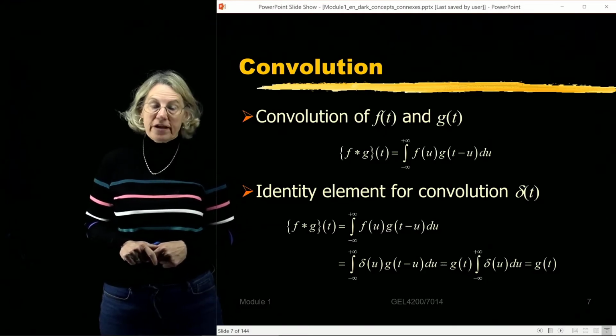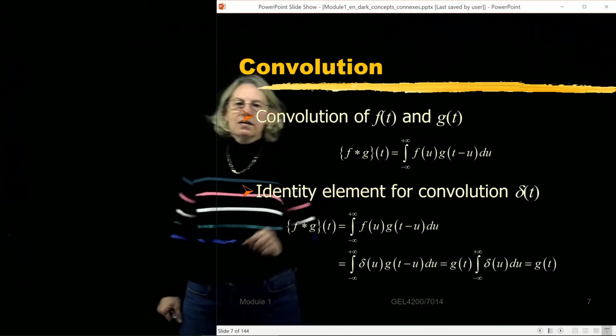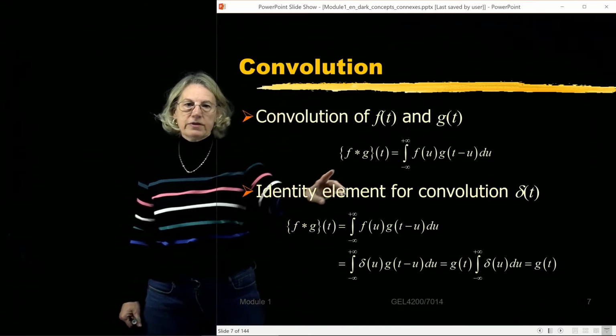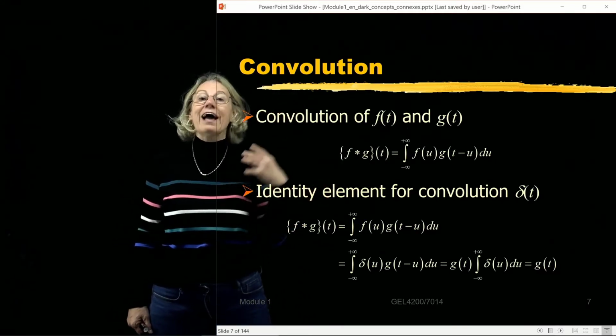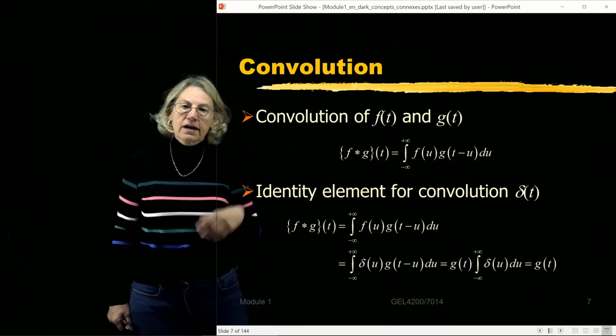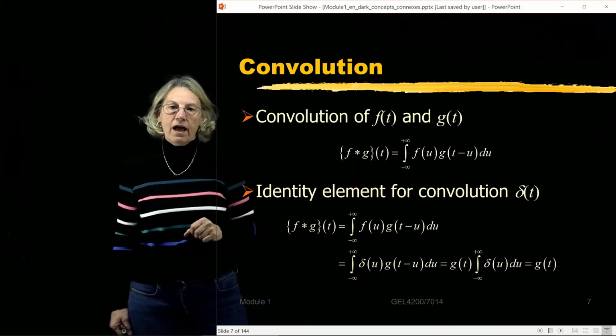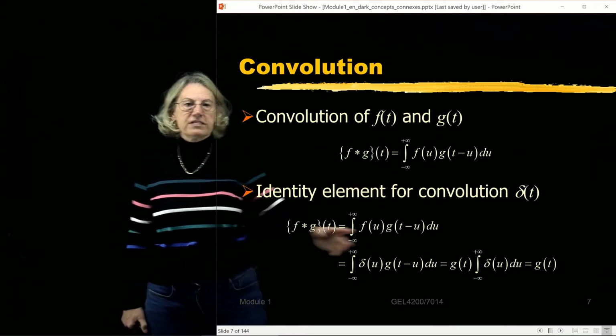The convolution operation is on two time domain signals. So we take f of t, g of t, and we define the convolution of these two, which will be, again, a function of time. And it's defined by the convolution integral, a definite integral from minus infinity to infinity. We introduce the dummy variable of integration u.